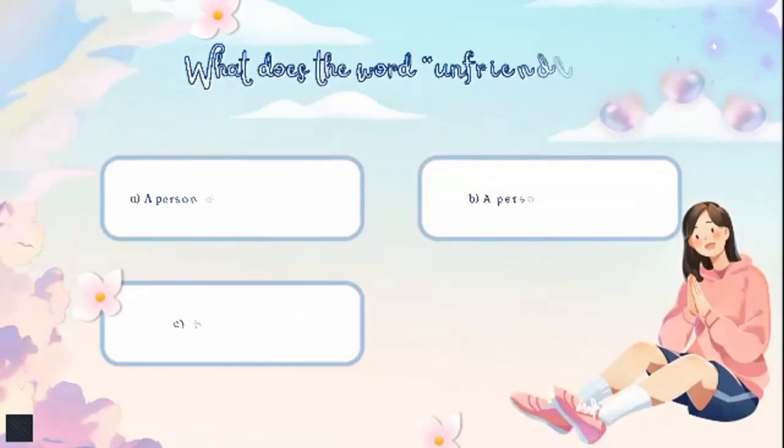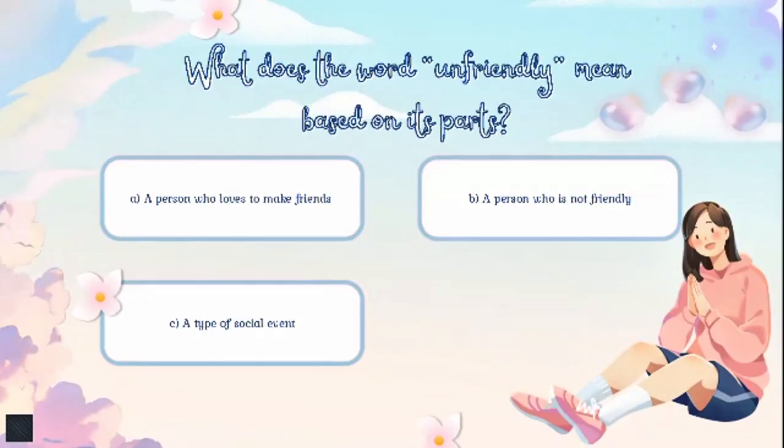What does the word unfriendly mean based on its parts? A person who loves to make friends, a person who is not friendly, a type of social event. Correct answer: B. A person who is not friendly.